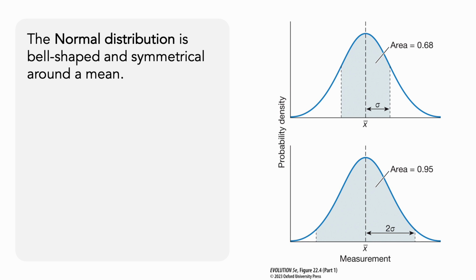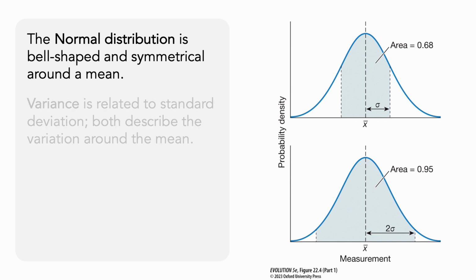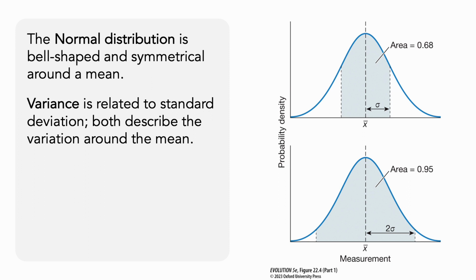Before we get any further, we need to review a key concept in statistics, which is the normal distribution. The normal, or Gaussian distribution, is bell-shaped and symmetrical around a mean, indicated here as x bar. Variance, then, is related to standard deviation, and both of these essentially describe the degree of variation around that mean.